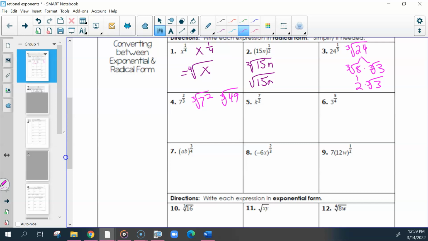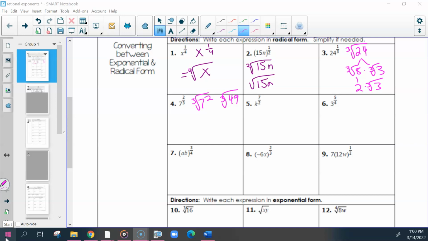So this would be as simplified as possible. Right? Number 5, we have k to the 7/2.